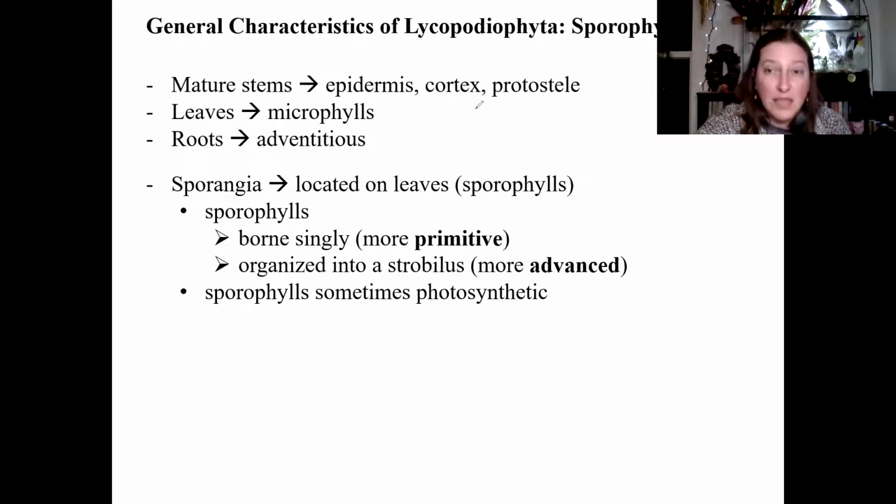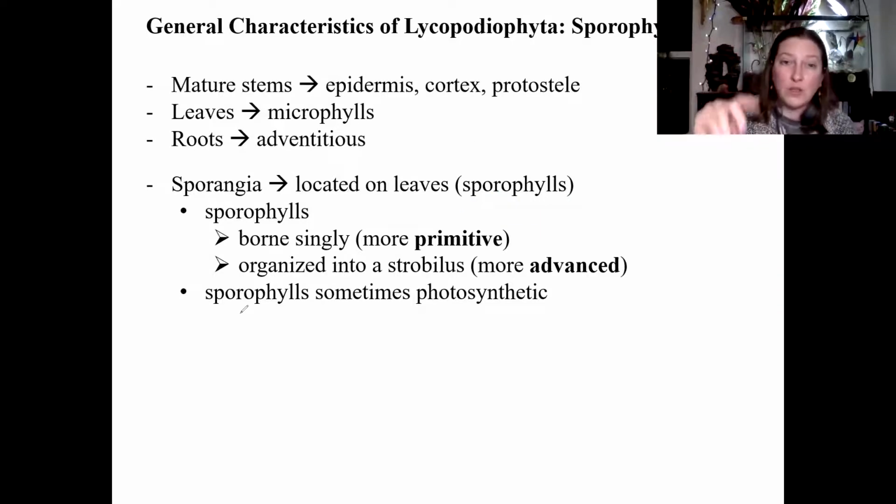Sporangia are located on leaves, not on the tips of stems anymore. Those leaves are microphylls, because that's all that lycopods have. If a microphyll has a sporangium on it, we can call that microphyll a sporophyll, because it's a phyll, or a leaf, that has a sporangium on it.